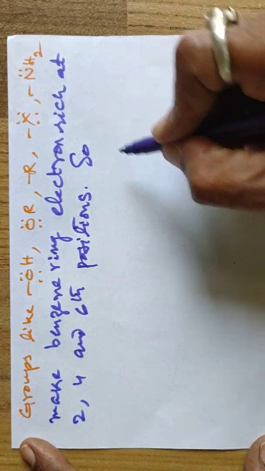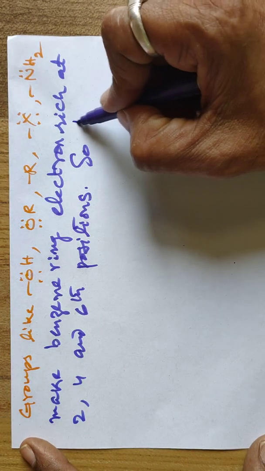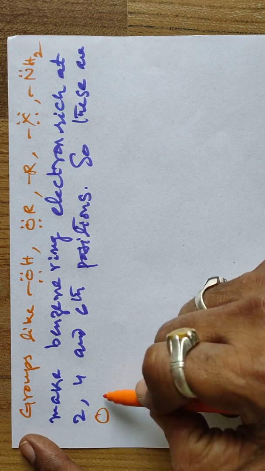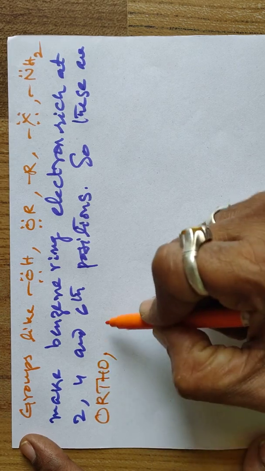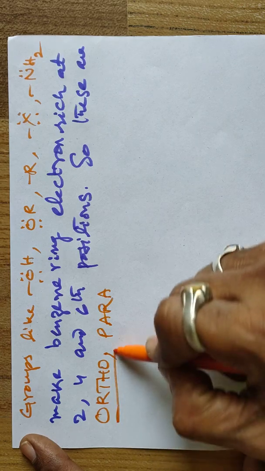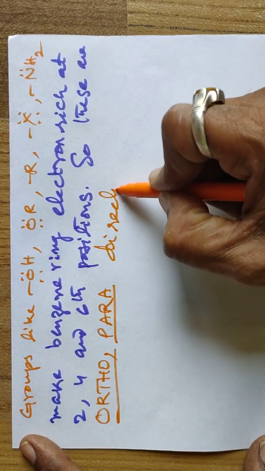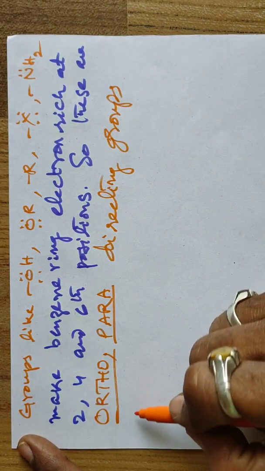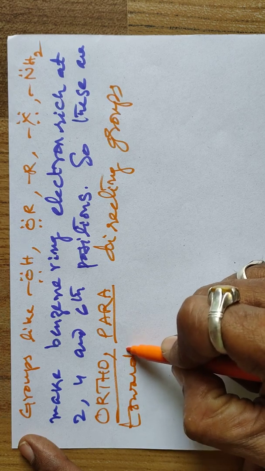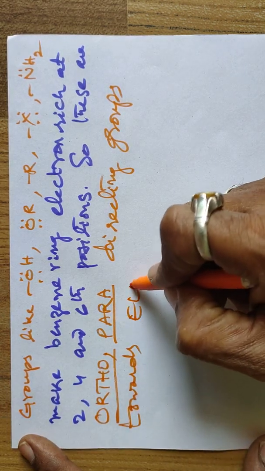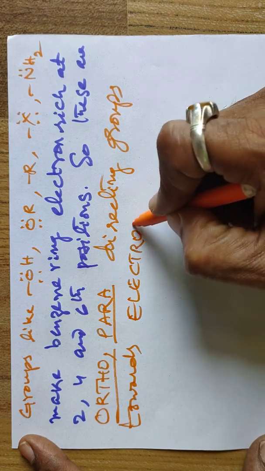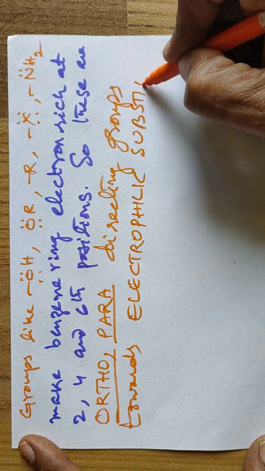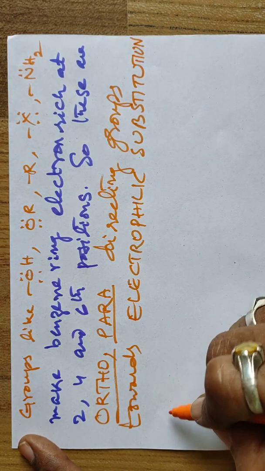So these are called ortho para directing groups towards electrophilic substitution reactions.